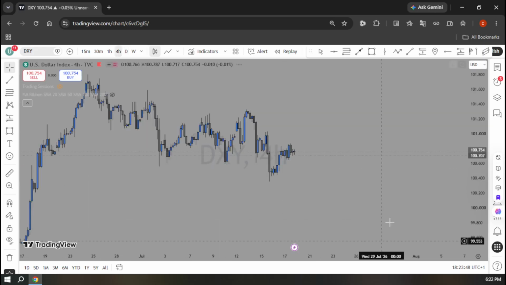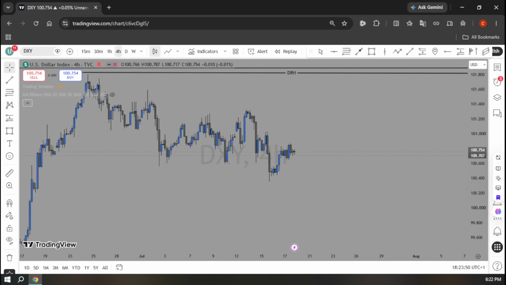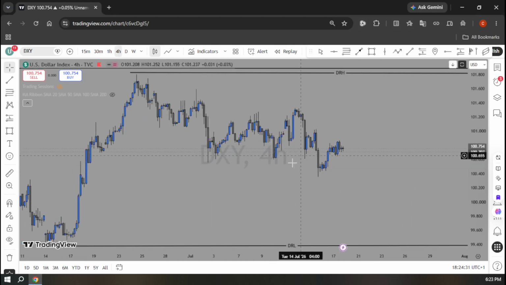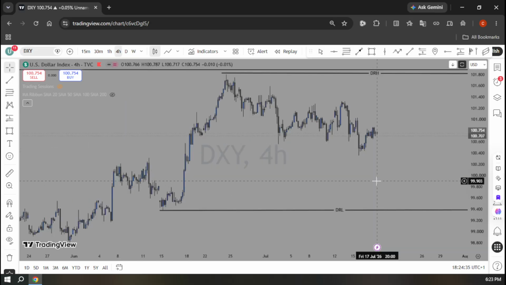Now I'll be going to the 4 hour time frame. Yep, so we're now looking at the 4 hour daily trading range. This is our daily trading range, but we are looking at the 4 hour time frame, and inside the 4 hour time frame we have several other trading ranges, and I'll break them down for you.